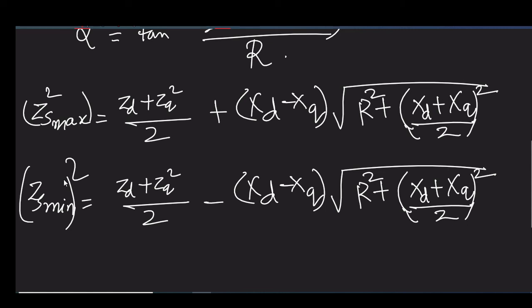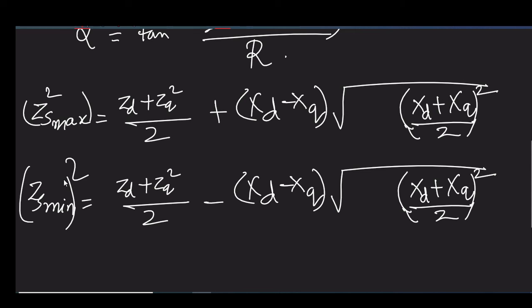Now if r is sufficiently small, then r square will become small, a quantity that you can further ignore, as I have already discussed.